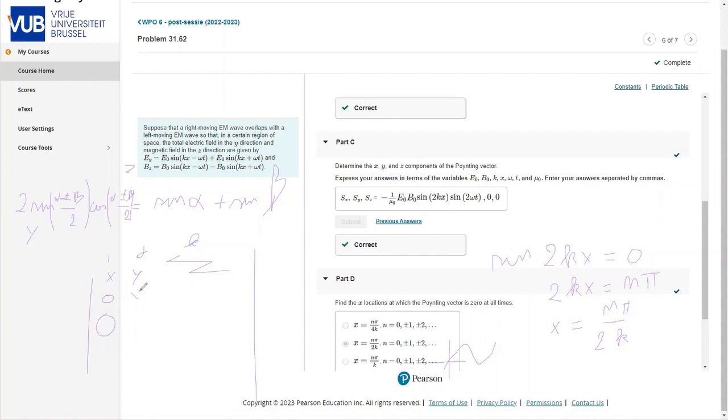Then my function was here, that's for the E1, so E, and this is for B1. And then I will say that there was no Y in the magnetic part. So 0, 0, and then here I didn't have one in the Z direction, only the magnitude in the zero direction. Then you have to calculate.